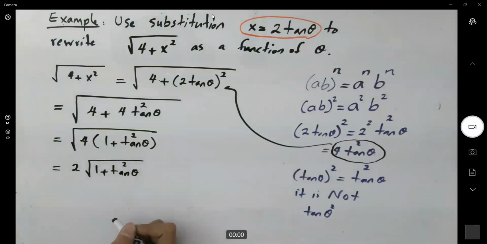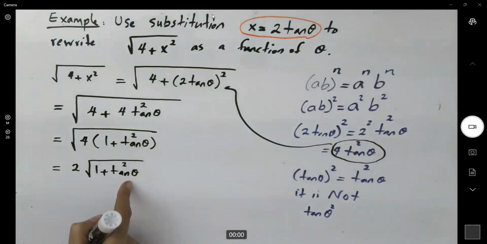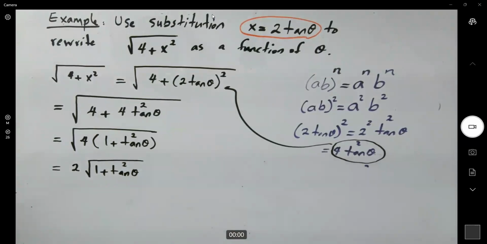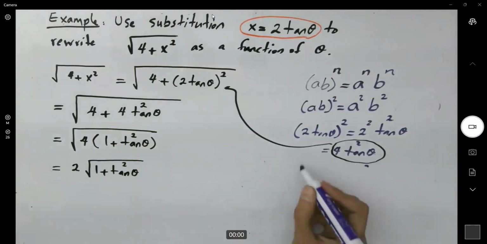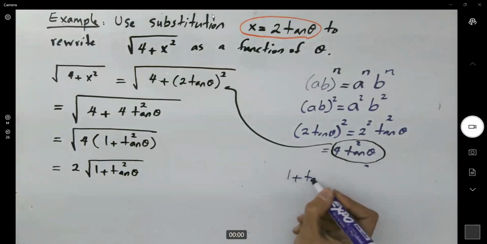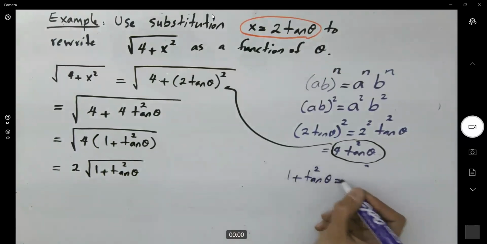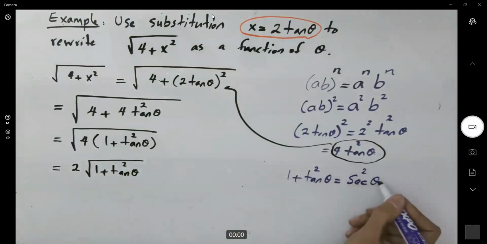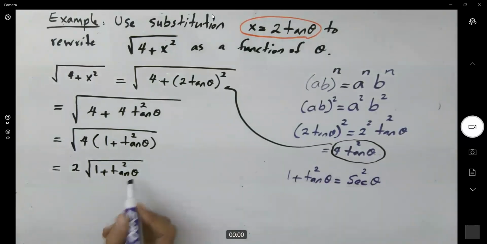Well, 1 plus tangent squared of theta is secant squared. You already know that. So let's write it down here. One plus tangent squared of theta is secant squared of theta. Substitute that here.